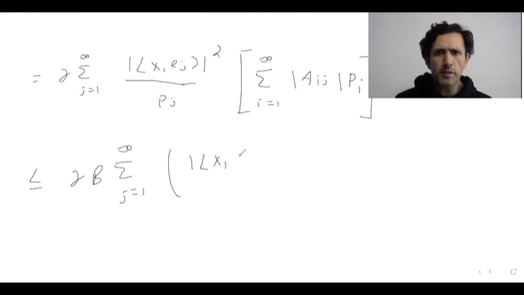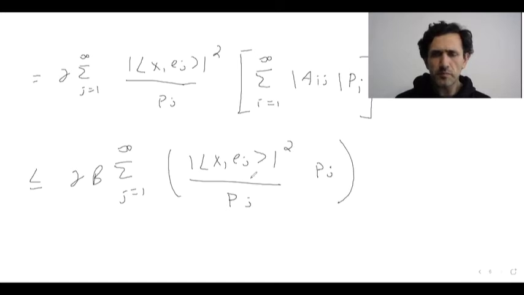That basically completes the proof, because the p_j's cancel, and all we're left with is the norm of x squared.